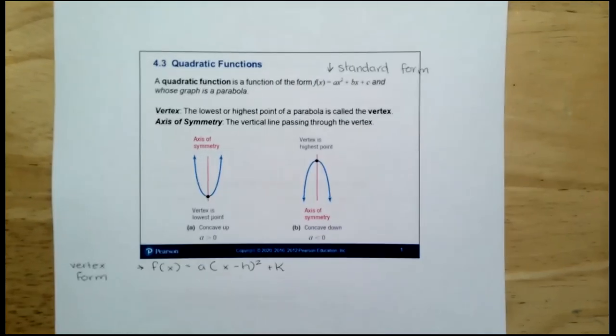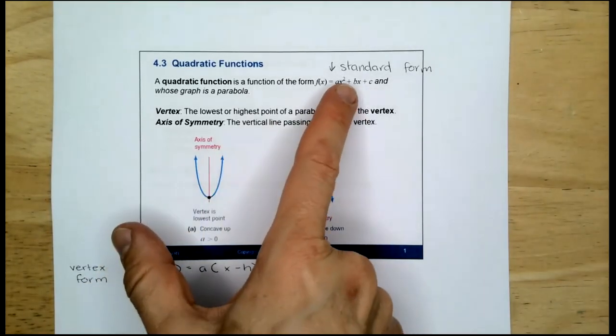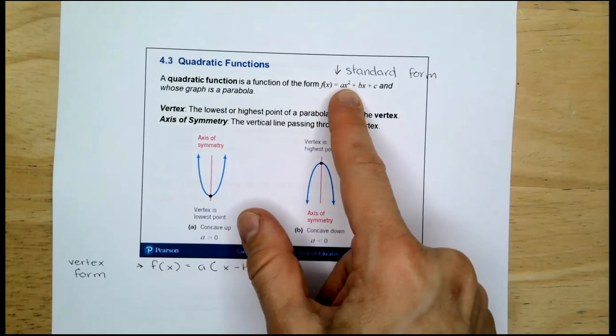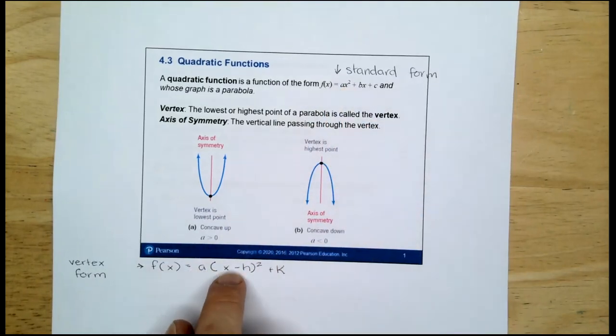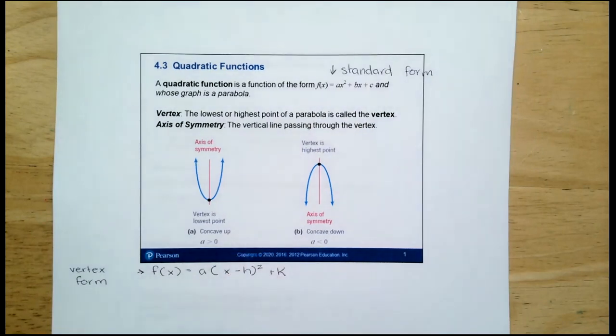It's just different ways to write it. You can write this parabola as ax squared plus bx plus c, or you could write it as a times (x minus h) squared plus k. It's just two different ways to write the equation of that function that is going to be the parabola.